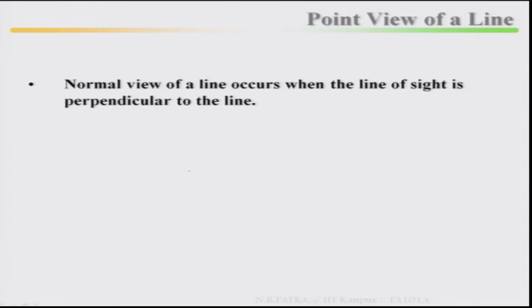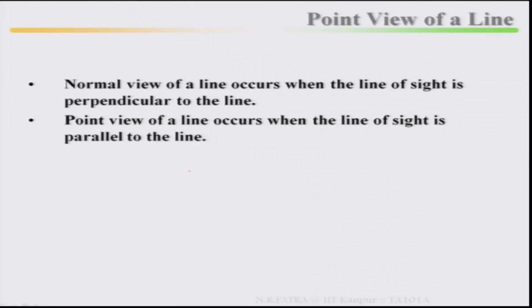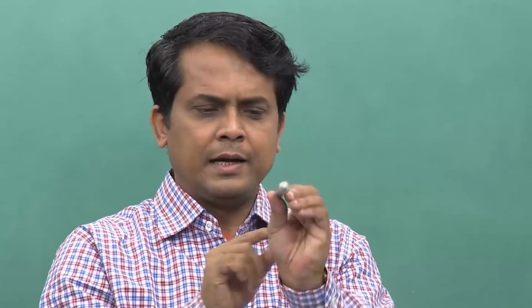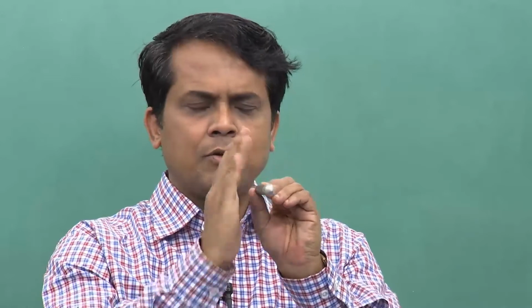Now, come to these points. Normal view of a line occurs when the line of sight is perpendicular to the line. Point view of a line occurs when the line of sight is parallel to the line.